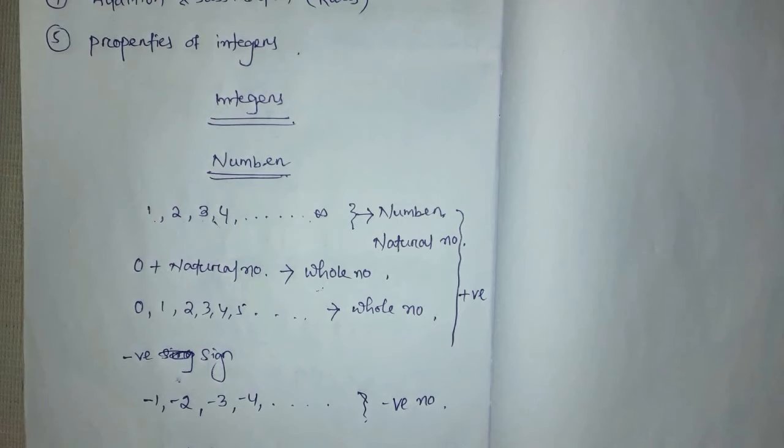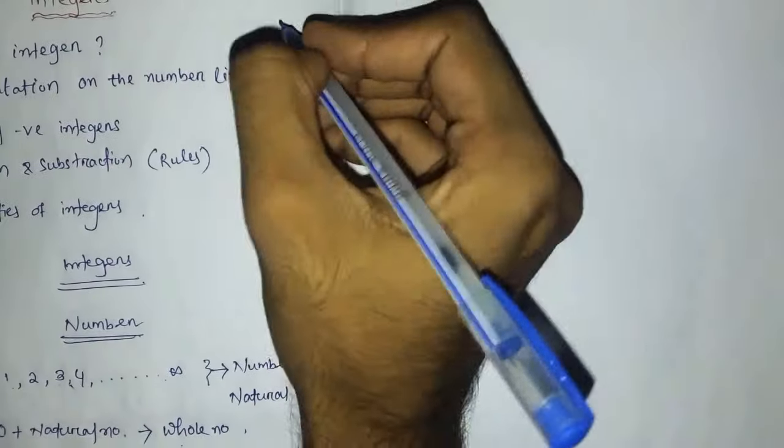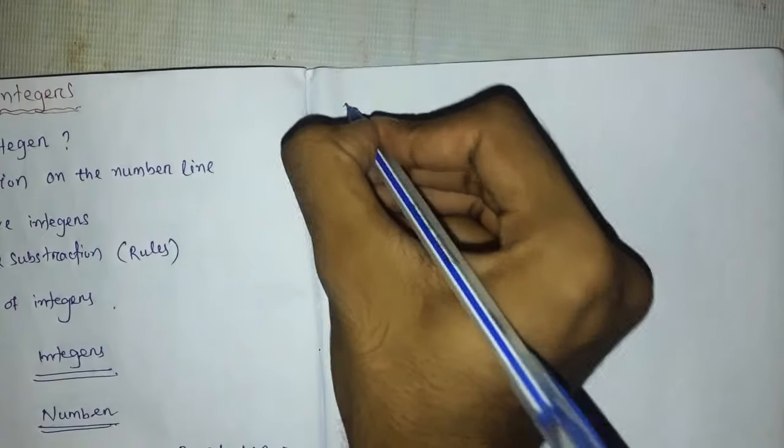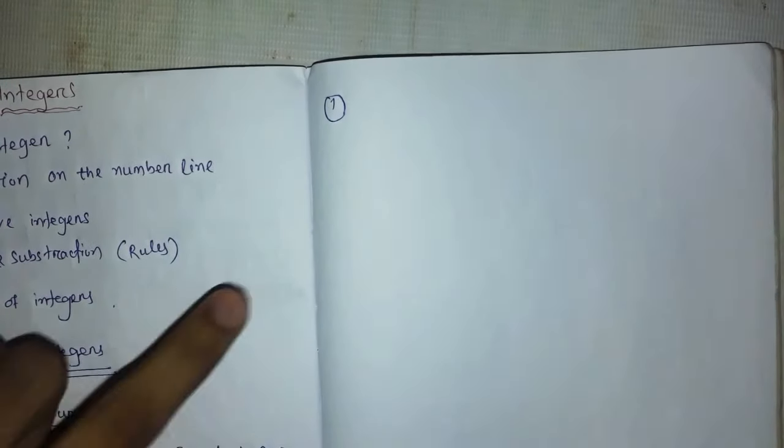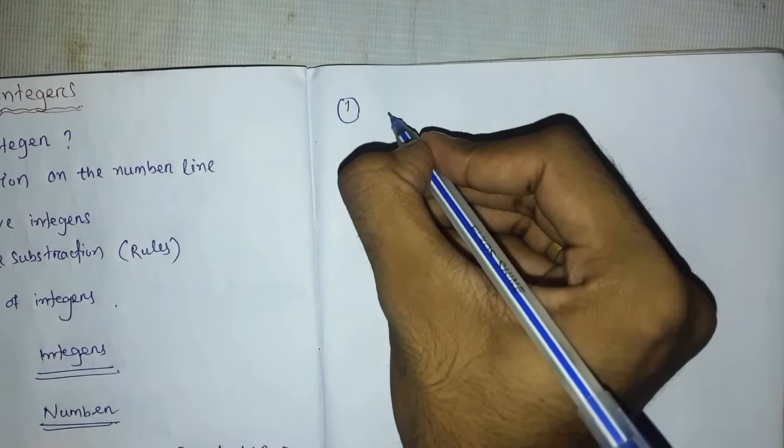Understood? Integers is nothing but, in a general sense, a number which contains all the positive numbers, 0, and all the negative numbers. Okay, this is the first definition.